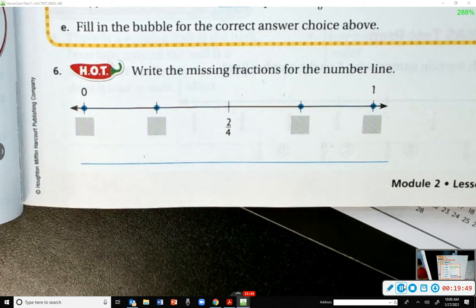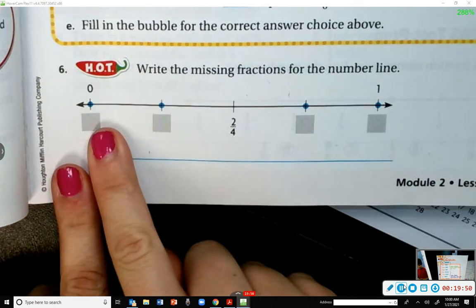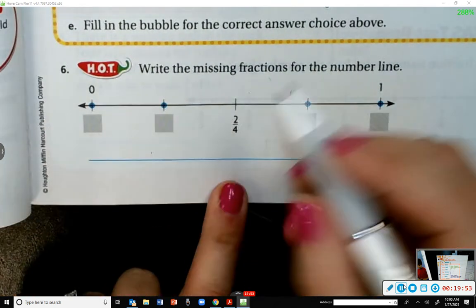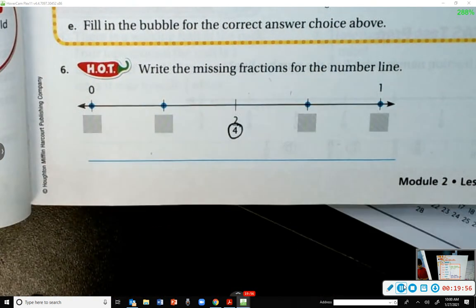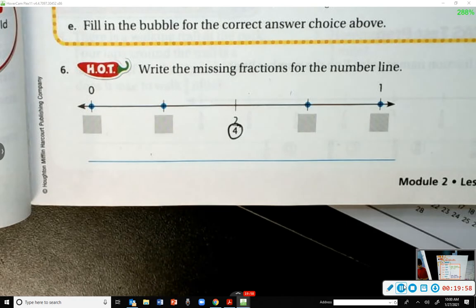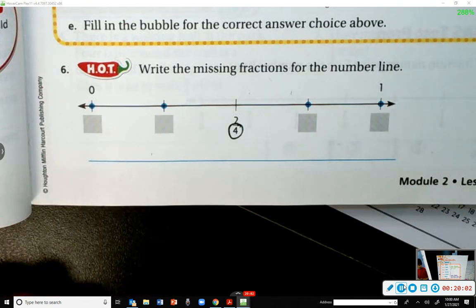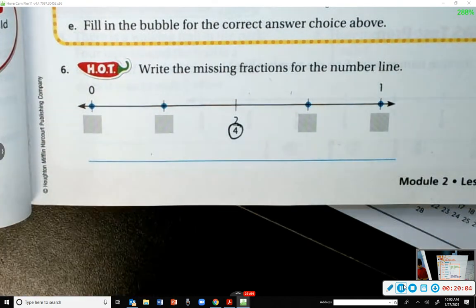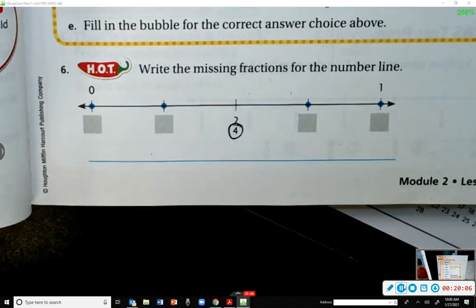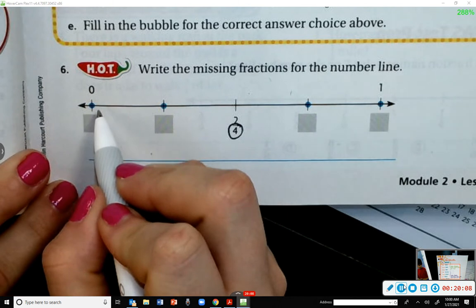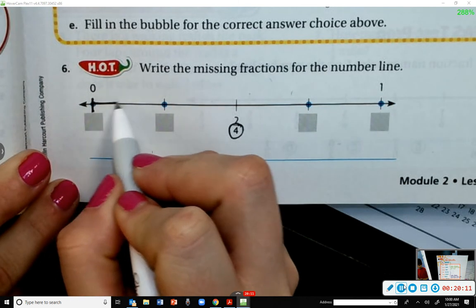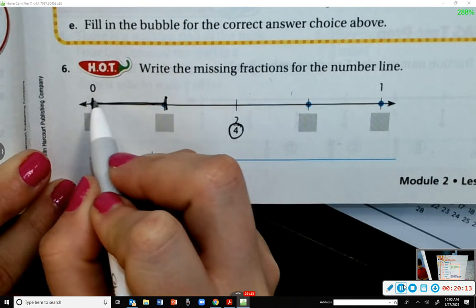Let's check your answers. So, even if it didn't give me the bottom number right here, which is 4, a way we can figure out is by looking at how many pieces they cut the number line into. So I want you to take your pencil and we're going to practice counting pieces or spaces on the number line, okay? So from this line to the next line, how many spaces is that?